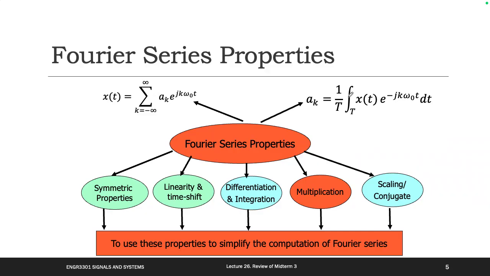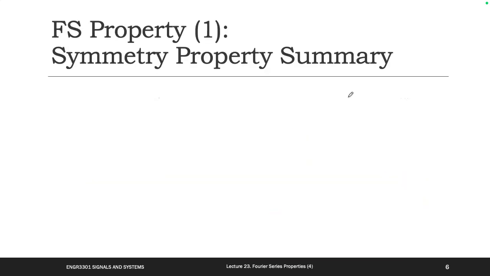The summary is very simple, but the ideas are not that simple, because you need to change what you see for the signal. Before, you just saw a signal in the time domain. But in this chapter, you need to see the signal in the frequency domain. Okay, then let's review all the properties. For the symmetric properties, if the signal is a real signal, what does it mean?